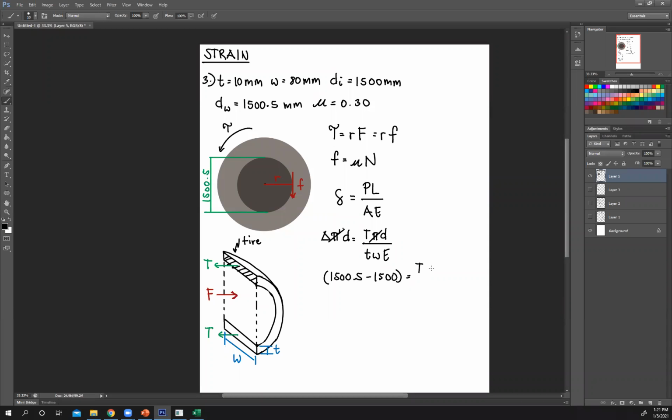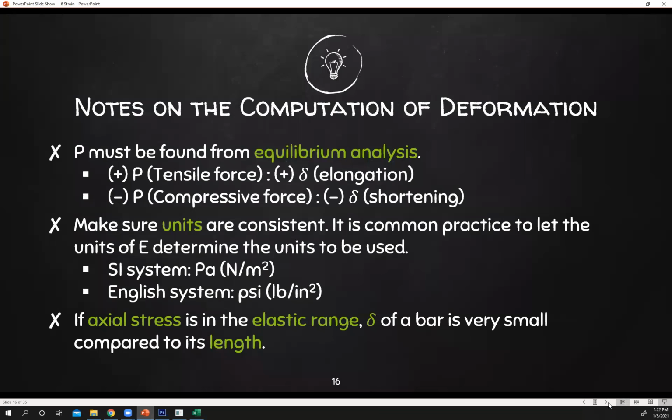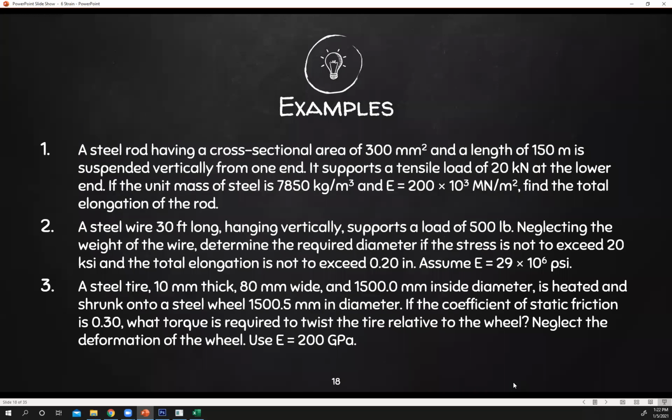That's what we're looking for. Again, D, 1,500, the original one, over thickness, then everything in millimeters, so no problem there. 80 times GPA is not given, I believe. Oh no, it's given, 200 GPA.